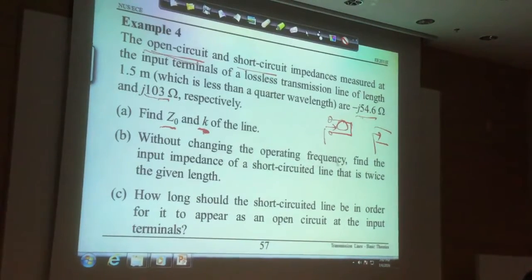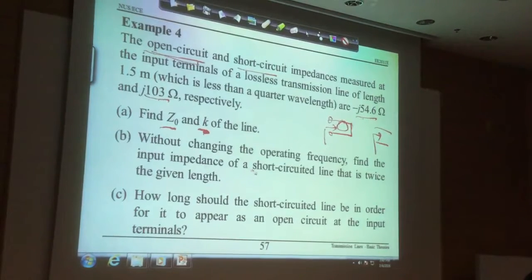Without changing the operating frequency, find the input impedance of short circuit that is twice the given length. This is simpler. Once Z0 and the K have been solved, you can use the transmission line equation.